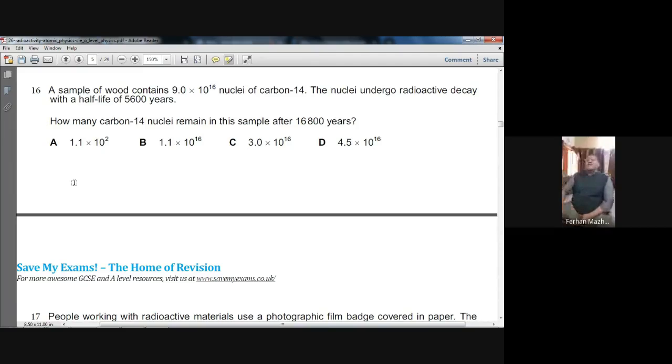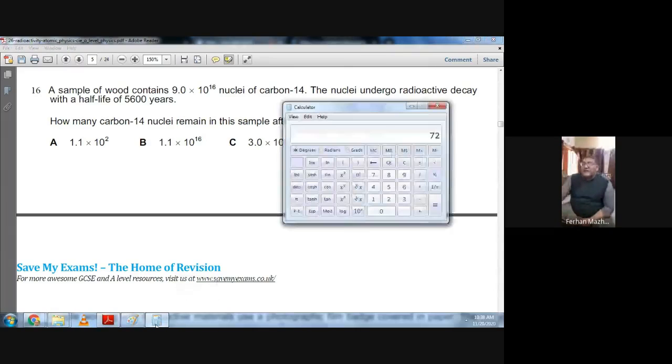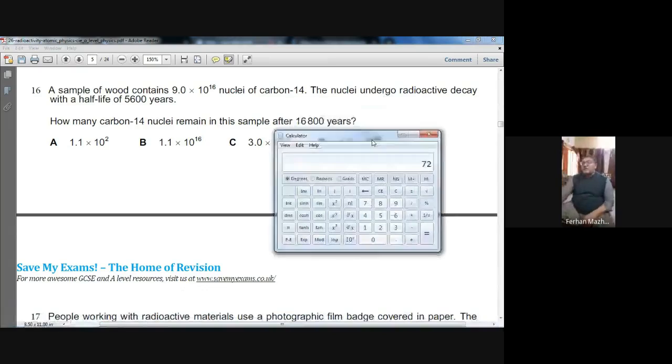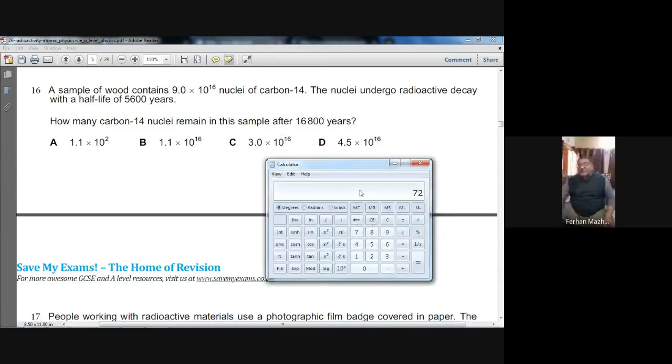One half-life is 5,600 years. The total time passed is 16,800. So divide the total time by the half-life, and it will tell you how many half-lives have passed. The total half-lives which have passed are 3.